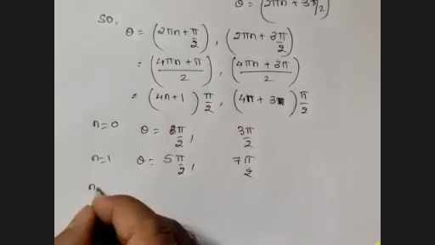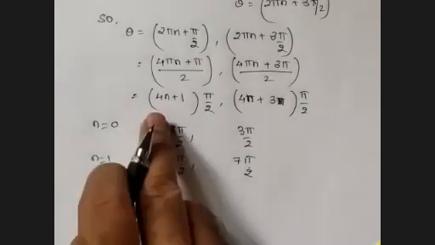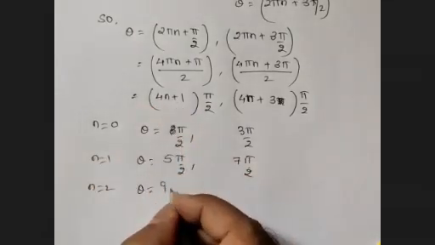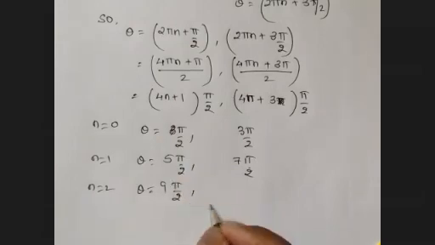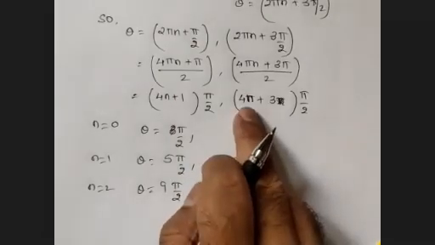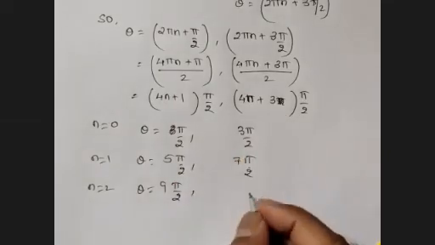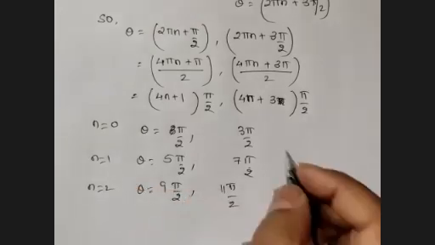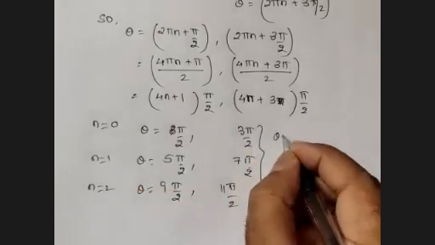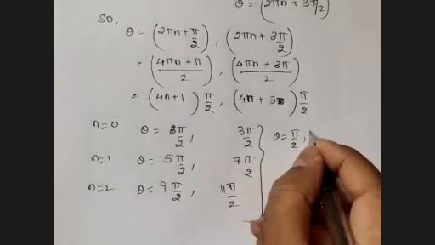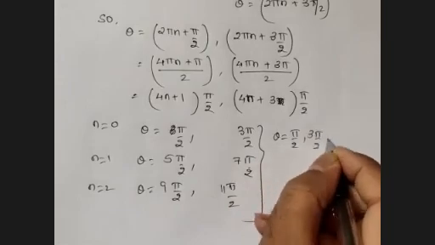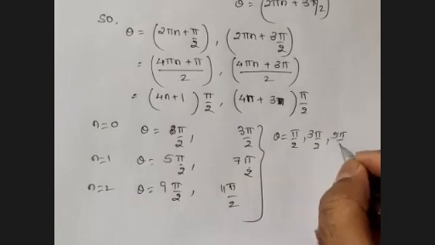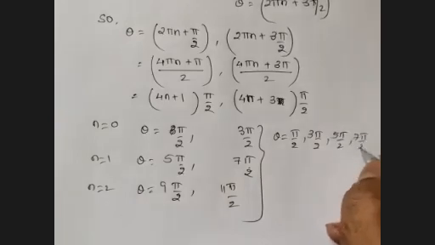If n is equal to 2, we have theta is equal to 4 twos are 8 plus 1, 9 pi by 2. Here it will become 4 twos are 8 plus 3, 11 pi by 2. So the value of theta will be pi by 2, 3 pi by 2, 5 pi by 2, 7 pi by 2, and so on.